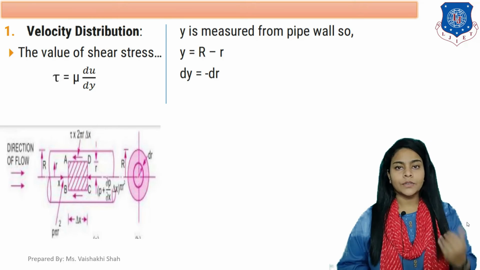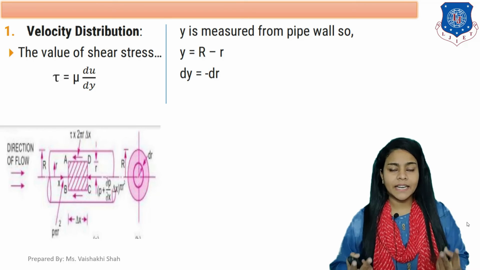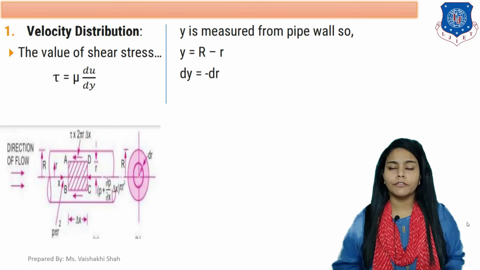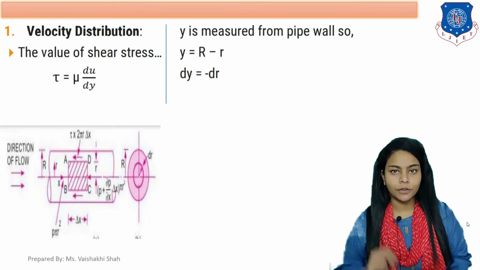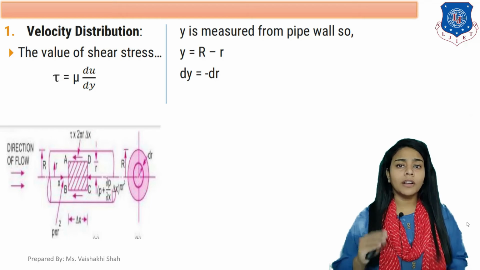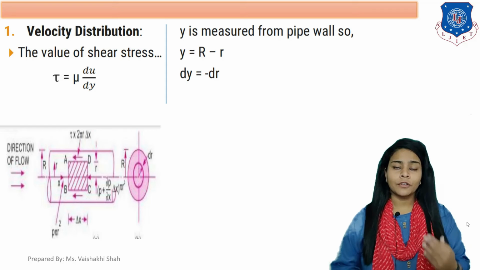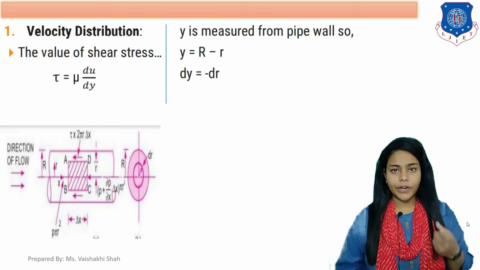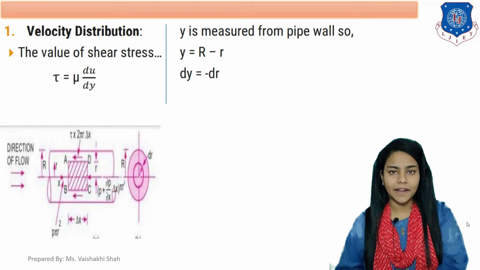If we differentiate on both sides, then the differentiation of y is dy; dR equals 0, and for small r it is minus dr. So, taking differentiation on both sides, you get dy equals minus dr.